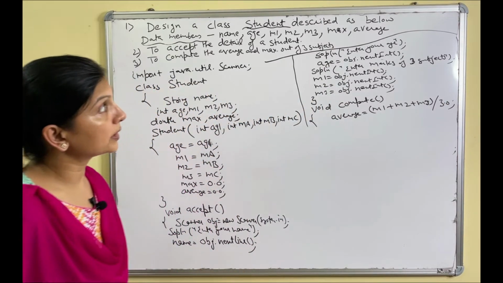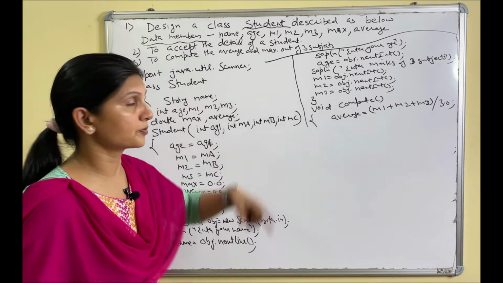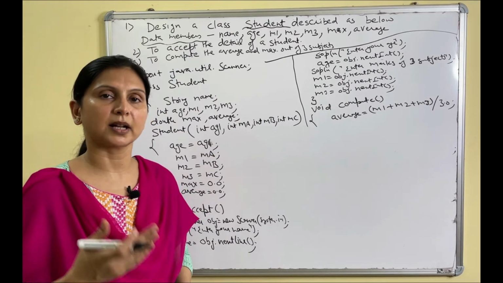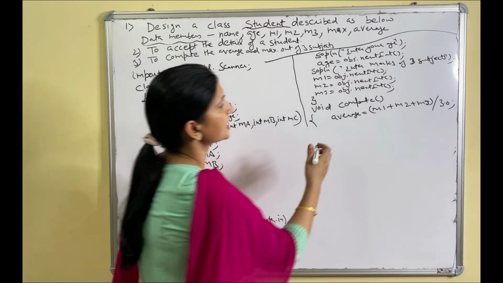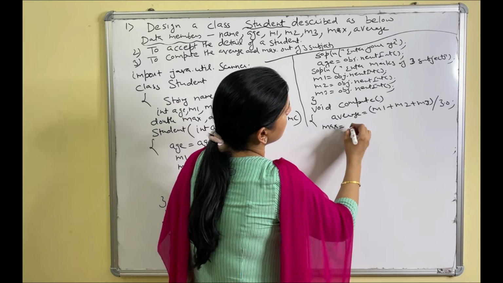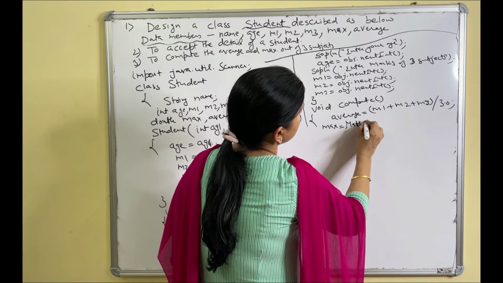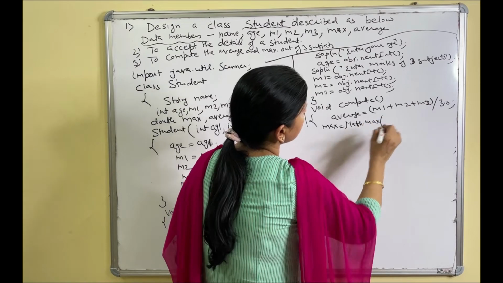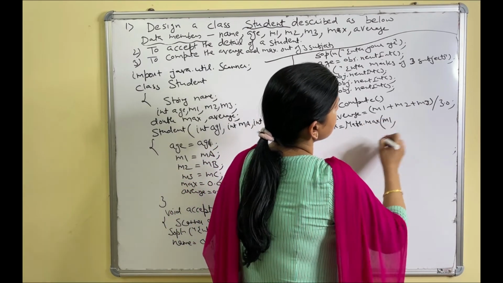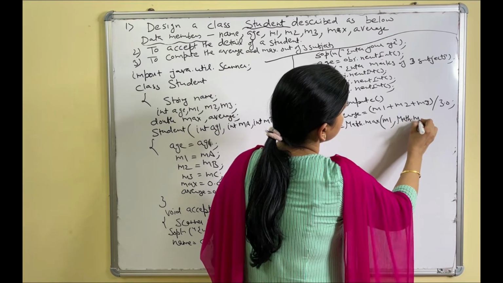And how will you calculate the maximum out of 3 subjects' marks? As we know, in the max method we pass 2 arguments. So how will you use that? max = Math.max, and in that we pass M1 as one parameter, and for the second we again use the max method inside.